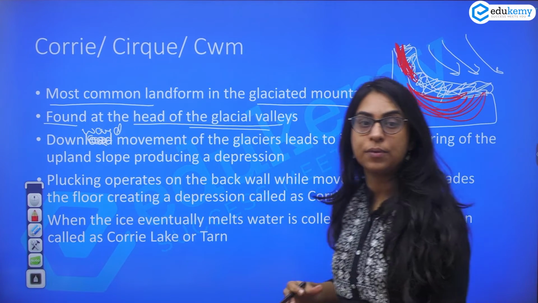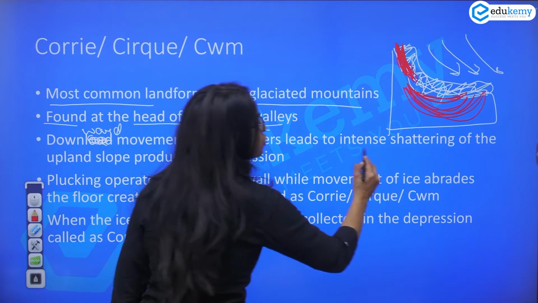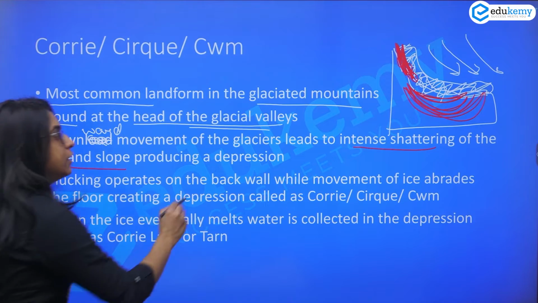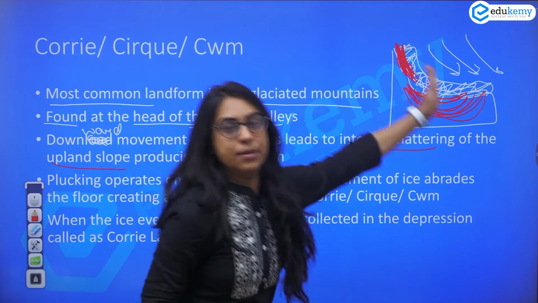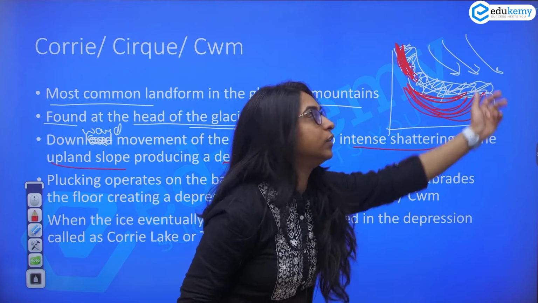Okay, so what is happening? The downward movement of the glacier is leading to intense shattering of the upland slope, producing a depression. There is a depression which is being created because of the downward movement of the glacier.